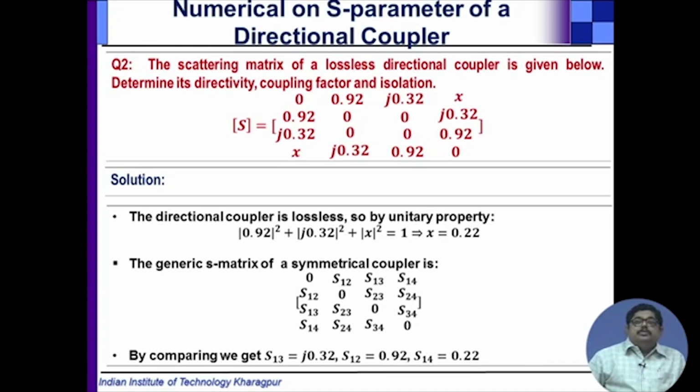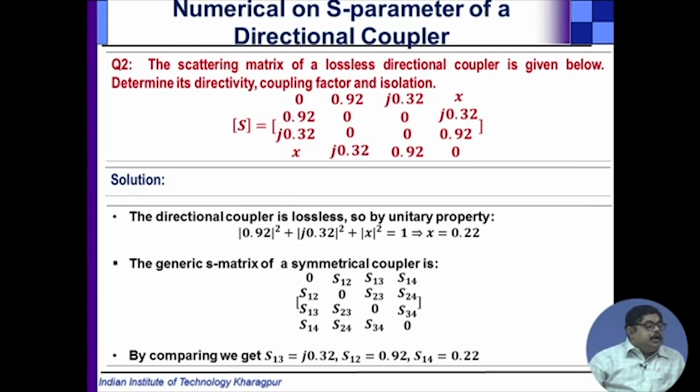So, the S matrix will be unitary. Unitary means any column times its own conjugate will be 1. So, for the first column we can say 0.92 squared plus j 0.32 squared plus x squared should be 1, that reveals the value of x to be 0.22.